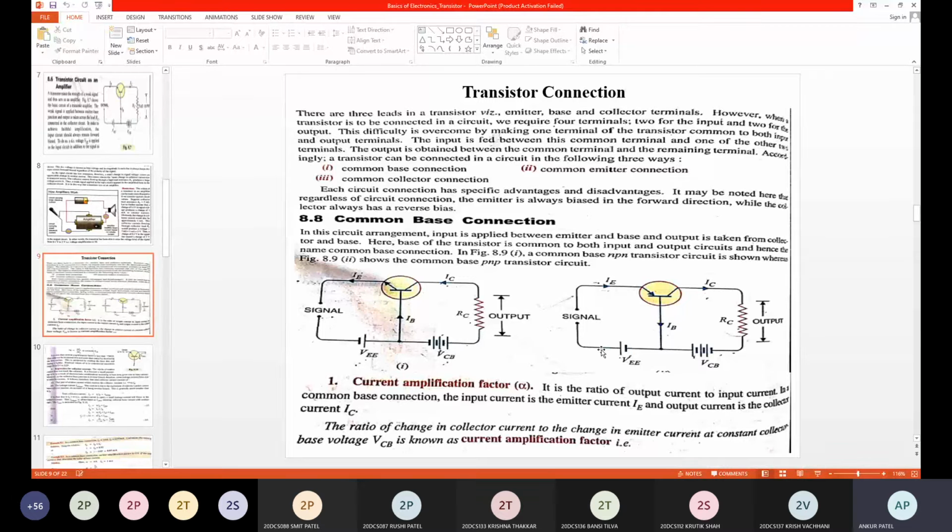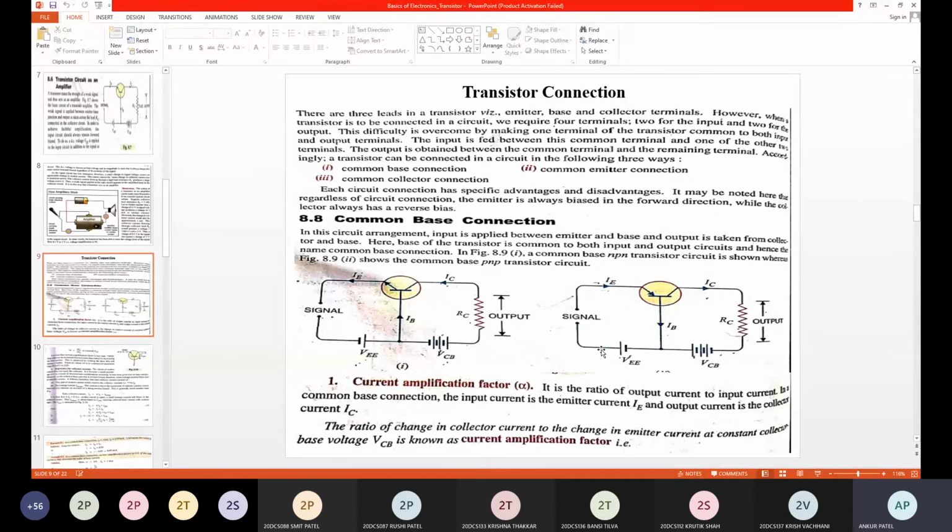But we know IE is equal to IB plus IC in a transistor. Why? Because of the holes and electrons that we are injecting through this emitter, the base is very lightly doped, so it receives only 5% of the current and the remaining 95% is received by the collector.